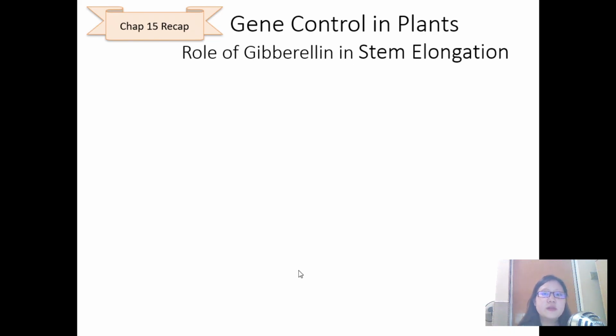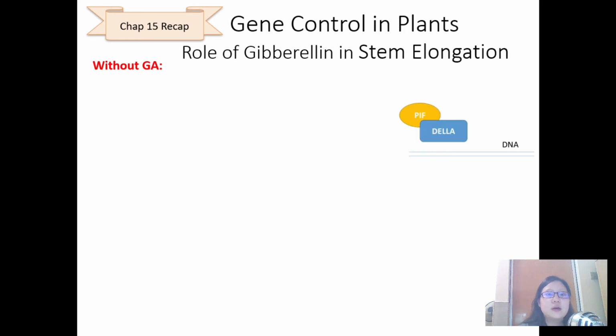There is one particular eukaryotic example though that is simple and that you have learned already, and this is just a quick recap. If you want more details, you can go back and learn about gibberellin in chapter 15, if I'm not wrong. Now, gibberellin is a plant hormone, and it plays a role in regulating genes as well.